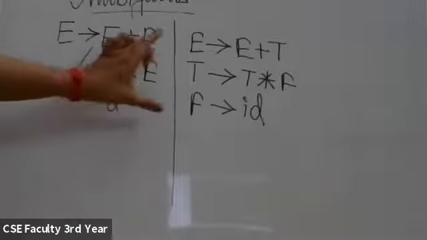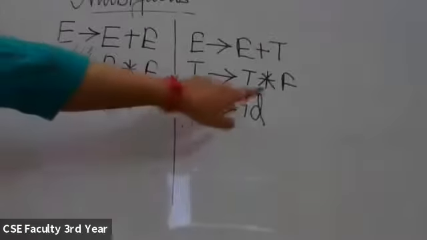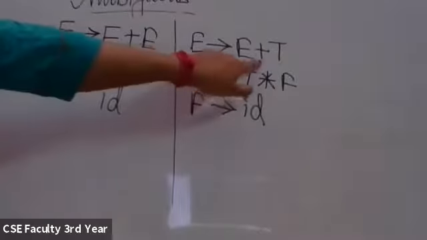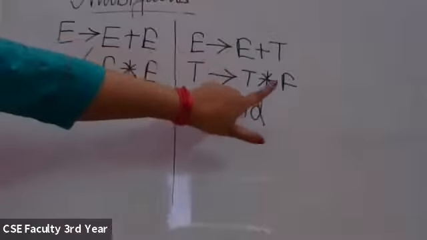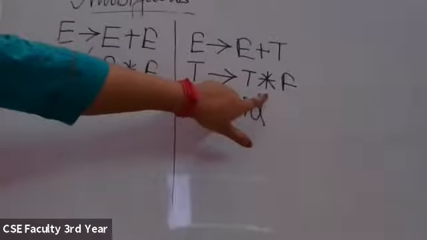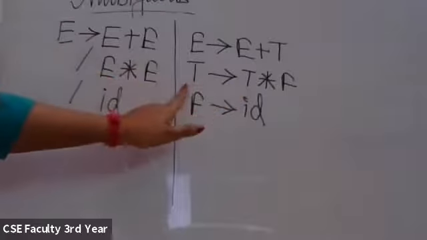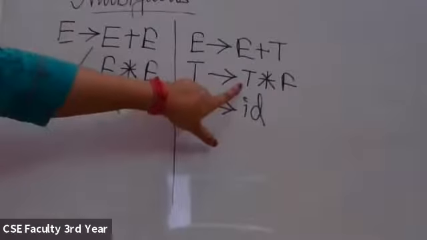Okay, students, is this difference clear to you? Yes, ma'am. Now you see, is the associativity taken care of? Plus is left associative, and E is on the left side. Multiply is also left associative, and T, which is the LHS, is on the left side.